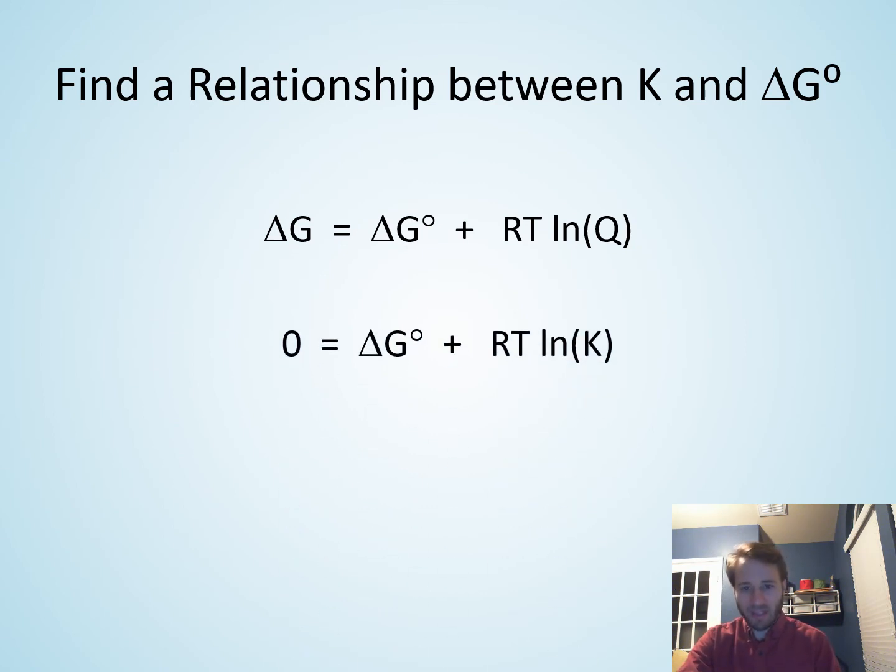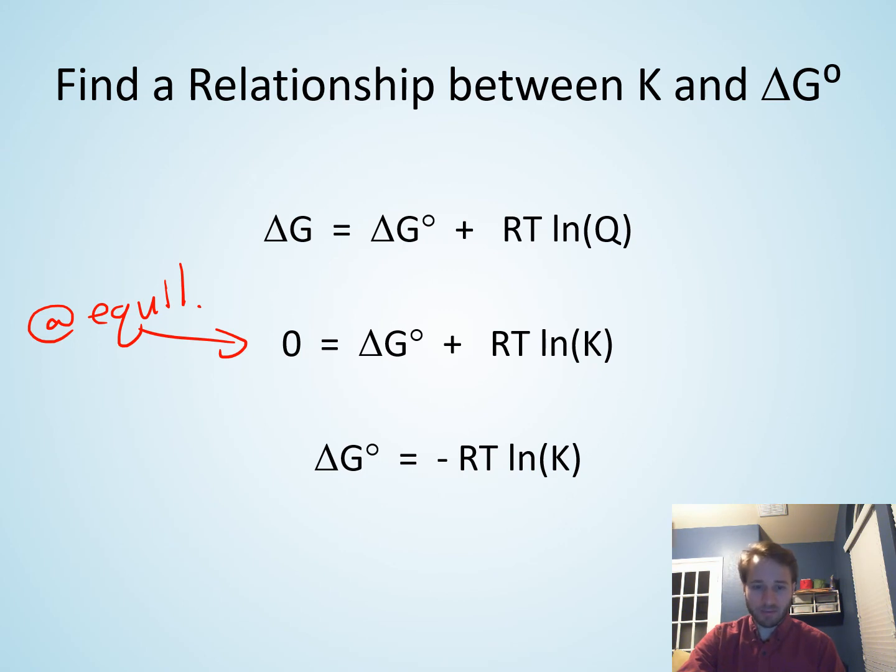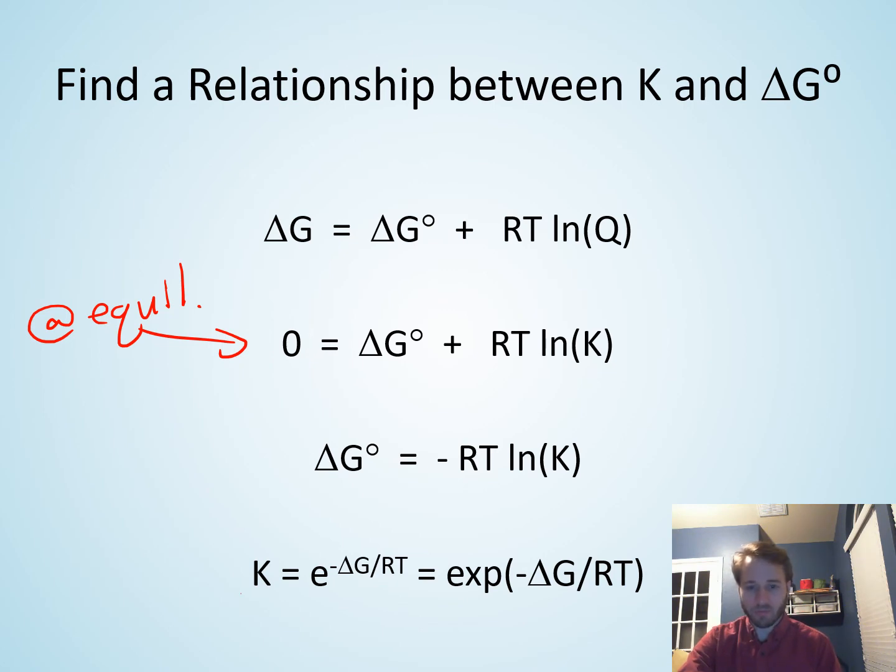So at equilibrium, delta G is 0 and Q equals K. The equilibrium state is when the free energy is at its minimum, so delta G is 0. And by definition, at equilibrium the reaction quotient has to equal the equilibrium constant, so Q equals K. Rearranging, you get delta G naught equals minus RT ln K. Or you can write it in terms of the equilibrium constant: K equals exponential of minus delta G naught divided by RT.